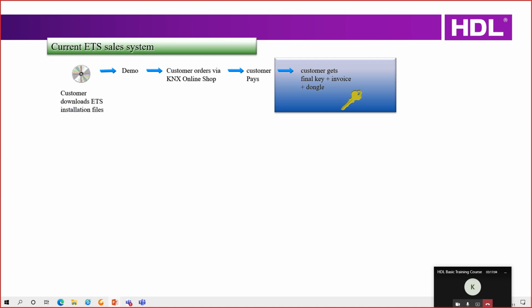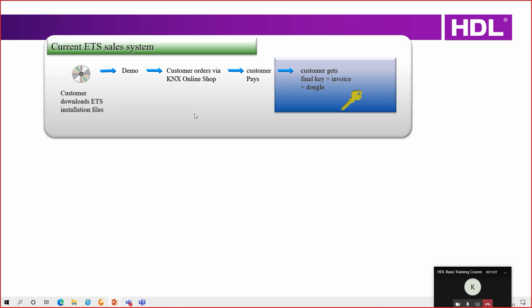This is the current ETS sales system. Customer downloads ETS installation files via the online shop, and after you finish the payment, then you can get the final key invoice, so you can use this.